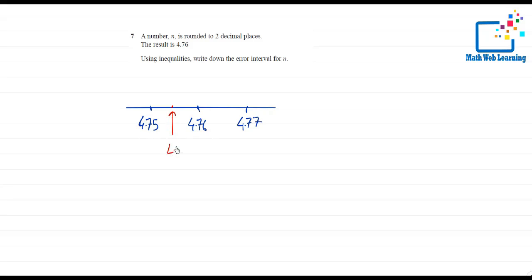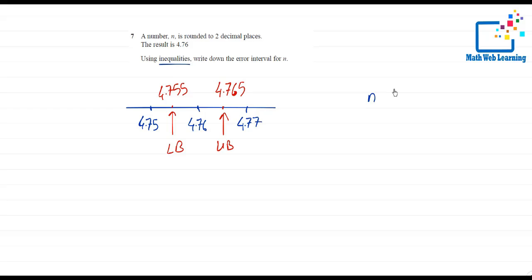That will give you your lower bound, okay. And the number between these two here is 4.755. And this one here would give you the upper bound. And that number is 4.765. Okay, so we want an inequality. Write it down.